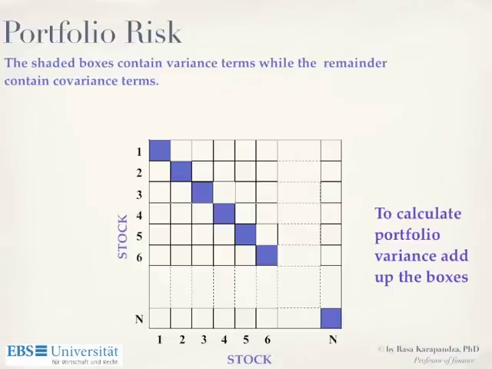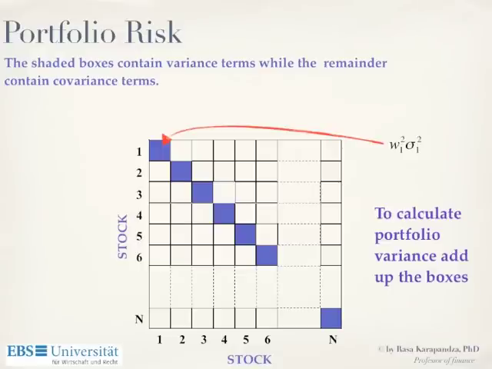So if your portfolio consists of n stocks, if you invest your money into n stocks, you create a table of size n by n. Then the diagonal is very easy. You fill in elements of the form: the proportion of your money that you invest in stock 1 squared times the standard deviation of stock 1 squared.